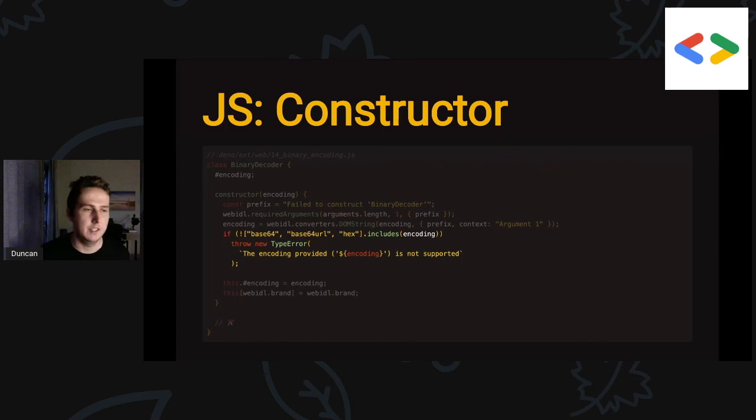So that will also mean a failure to construct. And then we'll set that private property to encoding because we know, okay, it's good, we can construct this. And then we get this little thing called WebIDL brand. So that's like a symbol just to make sure that we're dealing with the correct prototype later.